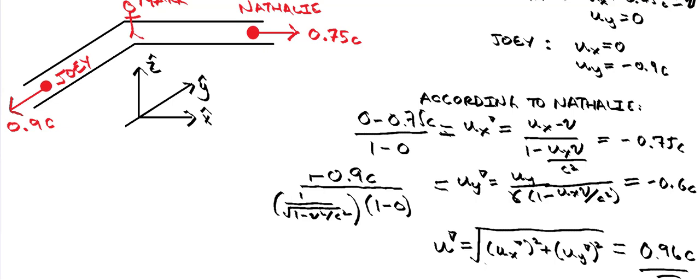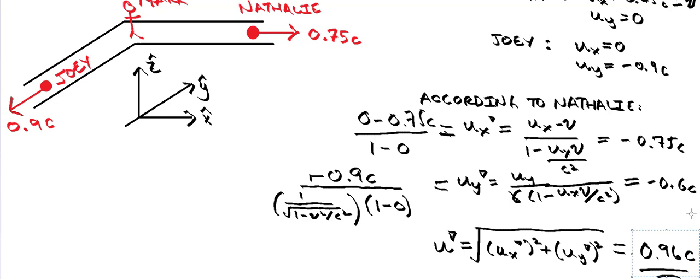And so if we take minus 0.75c squared and then add it to minus 0.6c squared and then square root, we will ultimately get to, I fail. I was trying to highlight that, but I clearly am not going to be able to do so easily. And so we'll get a speed of 0.96c, which is less than c.